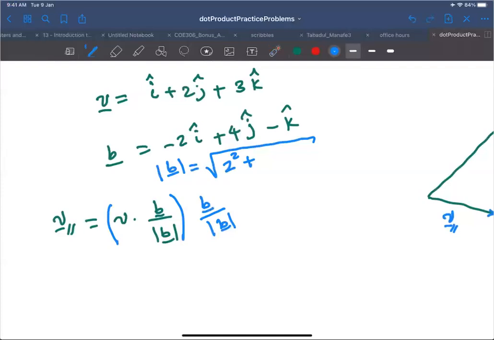Plus 4 squared plus 1 squared. The answer to this is the square root of 4 plus 16 plus 1. So it's 21, square root of 21.